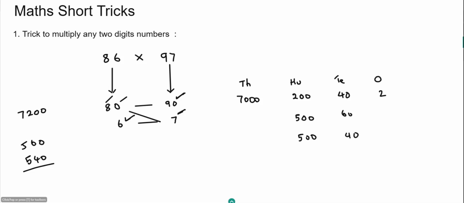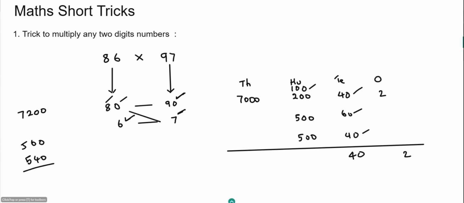Like this. Now we have to add all this. This is 2. Now see that this addition becomes so much easier. 40 plus 60 is 100, and 140. But we don't write 140 over here. We just write only the 40, and then carry the 100 over here.